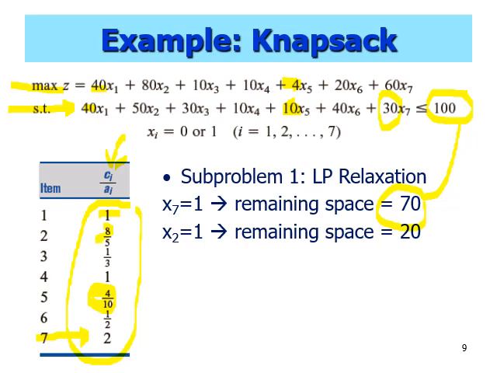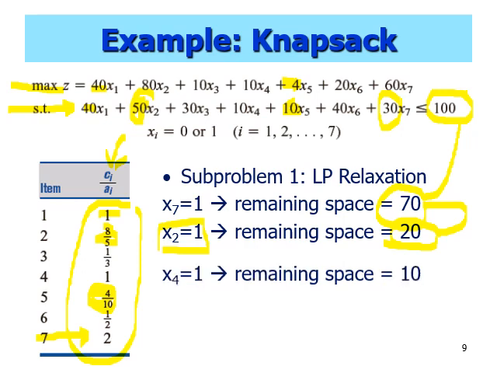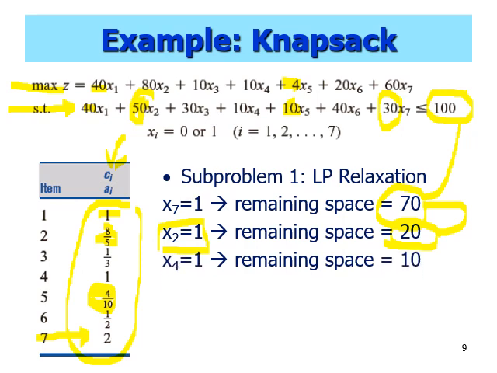Apparently it's x2, 8/5. So you again decide to take that item. You take that item and then you check you still have remaining space of 20, because item 2 consumes the capacity of 50. So from 70, your knapsack's capacity goes down to 20. Check again the third highest ratio of Ci over Ai.